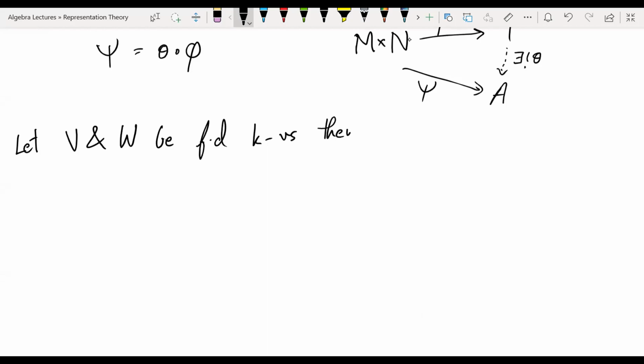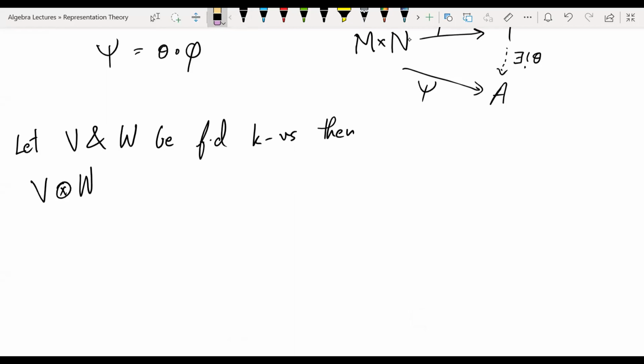Then V tensor W... one should put a K, but people drop it.